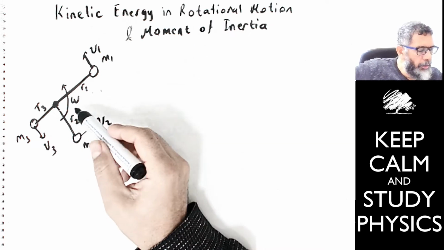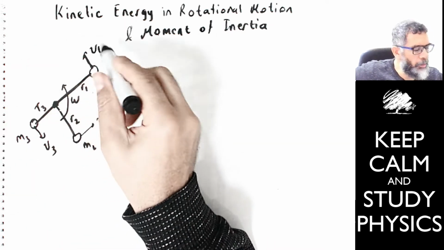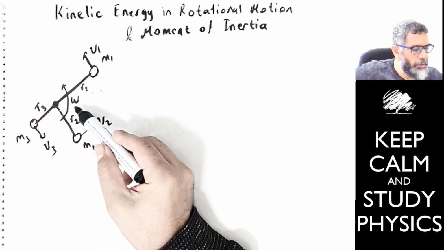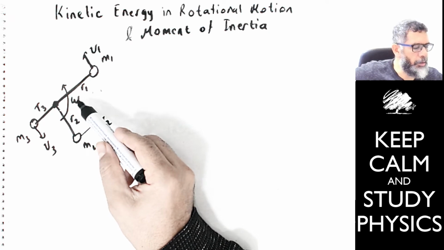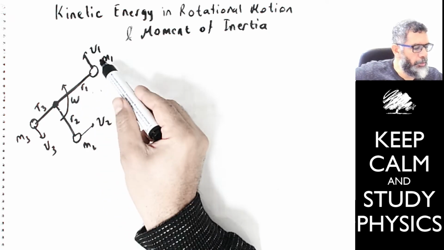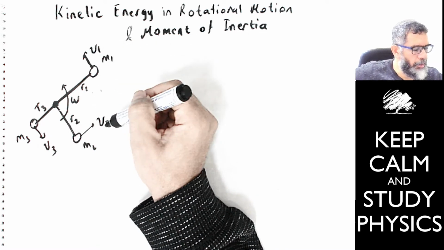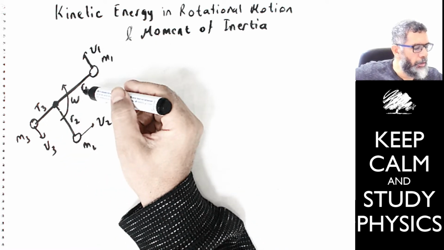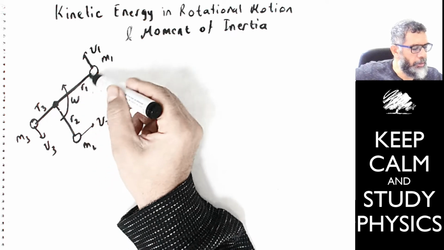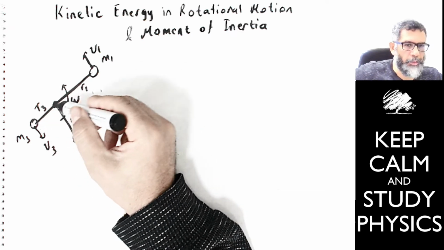But we know that the rotation for all of these masses has a common angular velocity. Angular velocity for each of them is the same, but of course these tangential velocities might be different because they have different distances to their center of rotation.